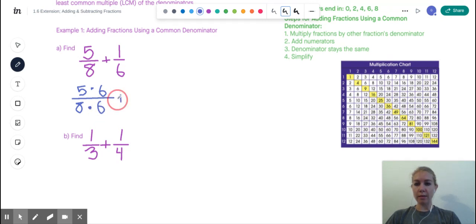Plus, our other fraction is 1/6. And we're going to multiply 1/6 by 5/8's denominator, and 8 is the denominator, the bottom number. We're going to multiply the top and the bottom both by 8.